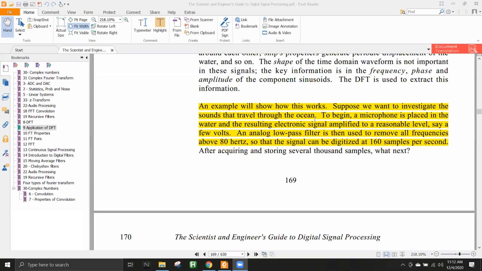The audio signal that I gave was similar to this, some underwater sound. So in order to get that sound signal, you would have to place a microphone in the water, and the resulting signal will be amplified to a reasonable level so that the main information can be extracted.